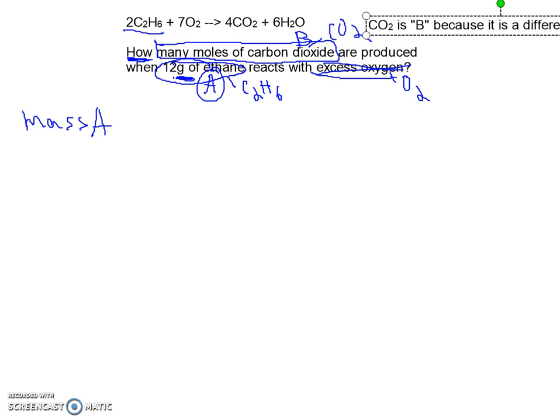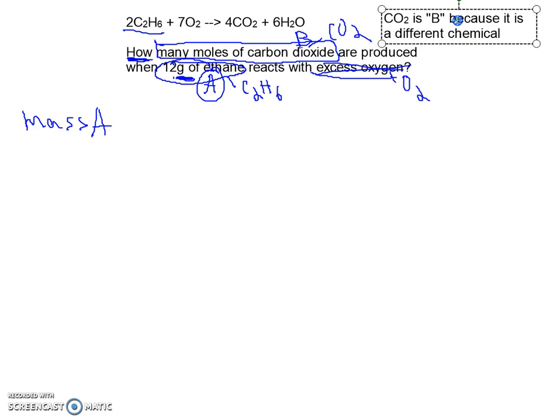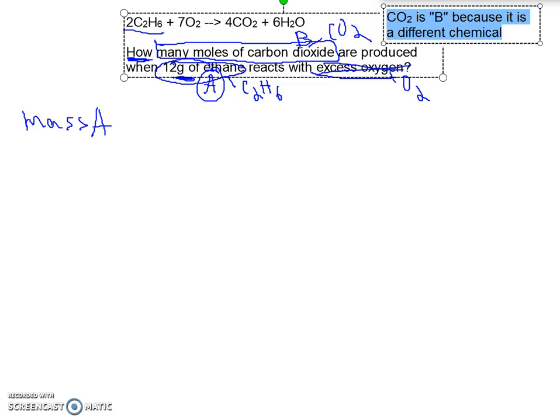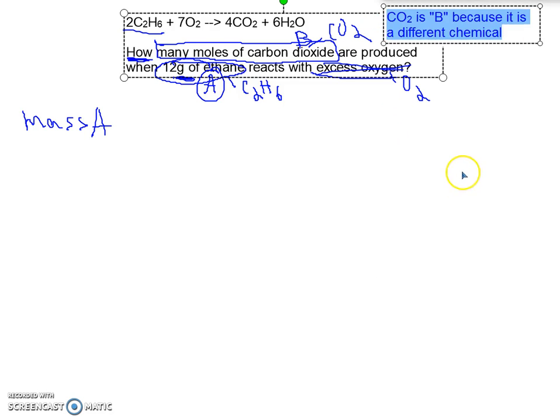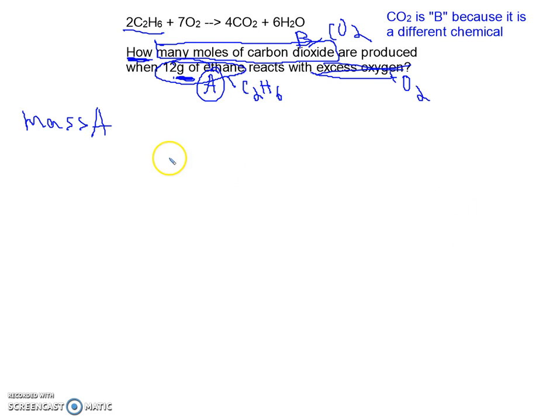That's my little annotation right there. I typed it out so you can actually read it. I'll change it to blue to match the rest of them. So I know I'm going to moles of B.